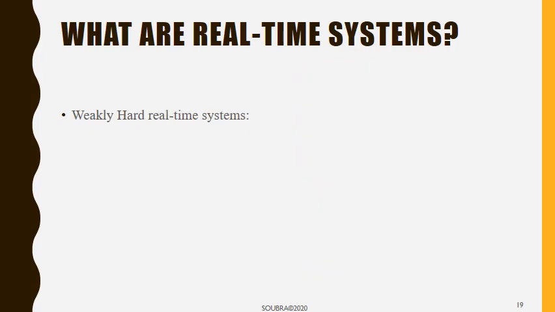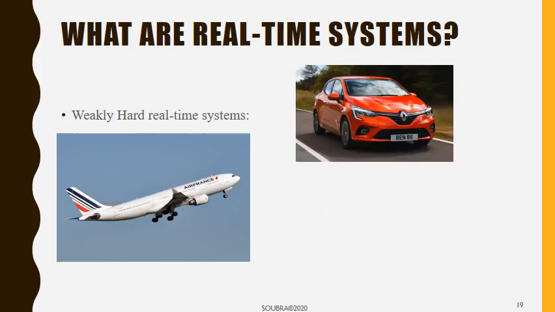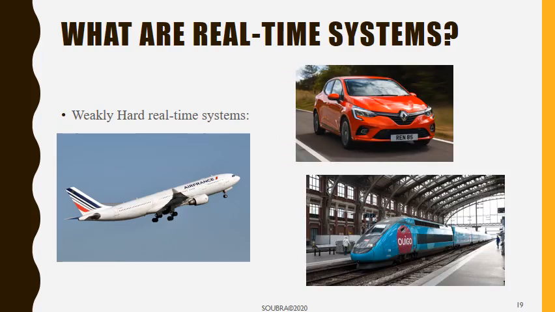And in the weakly hard real-time systems, we have airplanes, automobiles, or even trains. And here usually you have enough redundancy and dependability paradigms implemented that will allow you to miss some deadlines while guaranteeing the safety of the systems.